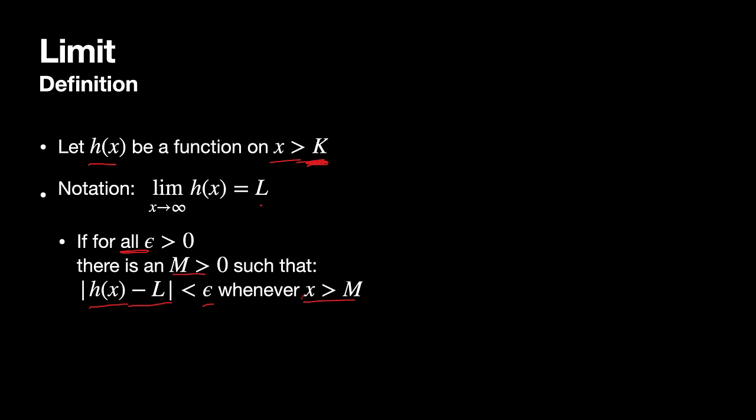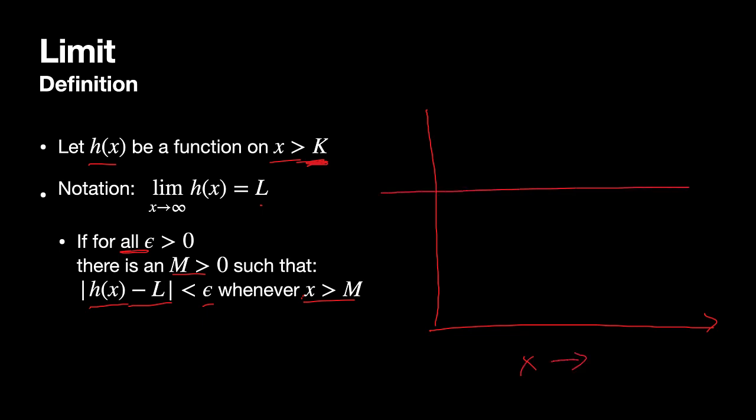So let's think about that as a function in our plane. We've got our x-axis here. We've got this line that represents L. The left side of our inequality, the value of the function at some x minus L, is about being within some distance of this line.